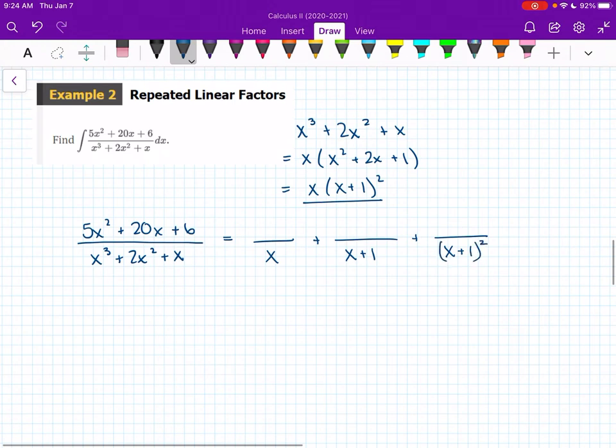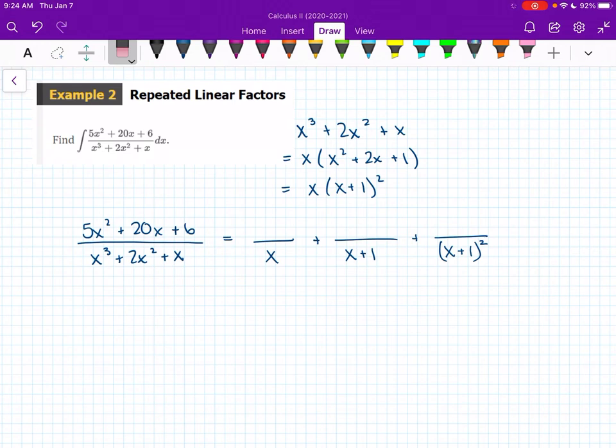But every time I repeat it, I'm going to build up to that degree that it is a factor up. So x plus 1 quantity squared is going to be my denominator. So I have x plus 1 squared. If it was a cubed, I would have a fraction for x plus 1, a fraction for x plus 1 squared, and a fraction for x plus 1 cubed. So whatever the degree is on that factor, you're going to have that many denominators building up to that degree, if that makes sense. So if you have questions on that, let me know.